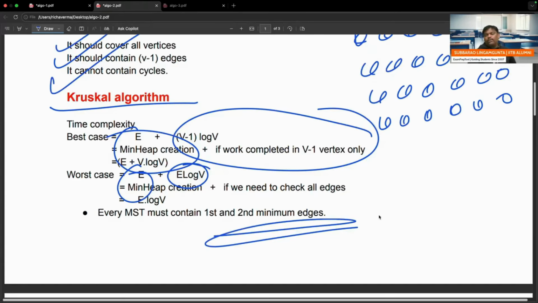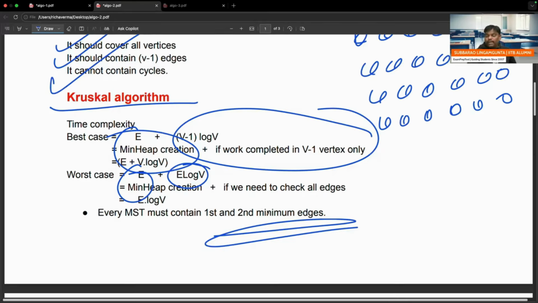If you are lucky, each deletion is log V, and you keep deleting edge by edge, but I want only V minus 1 edges. So V log V, giving E plus V log V in the best case. Worst case, E plus E log V, so finally E log V. Remember, every minimum cost spanning tree must contain the first minimum and second minimum.